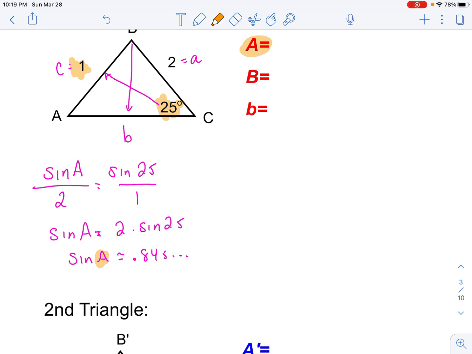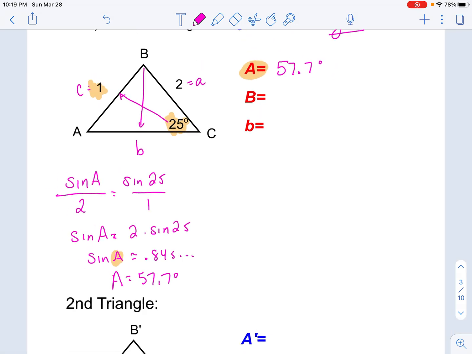So I'm going to go second, sine, and that gives me 57.7 degrees. So angle A is approximately equal to 57.7 degrees.